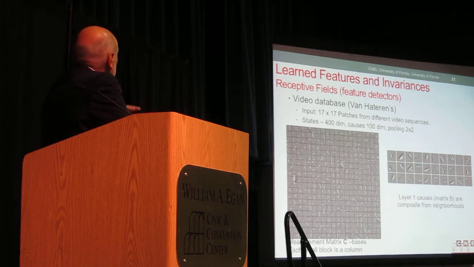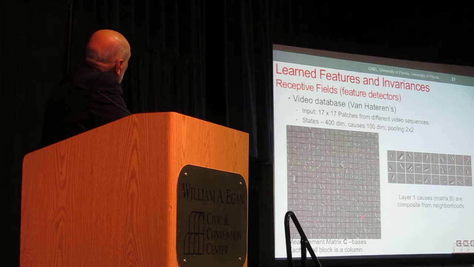This is the first layer, just one layer, and we can see if I plot the columns of the matrix C that relates the observations with the states, these receptive fields that look very similar to measurements that you could find in V1.